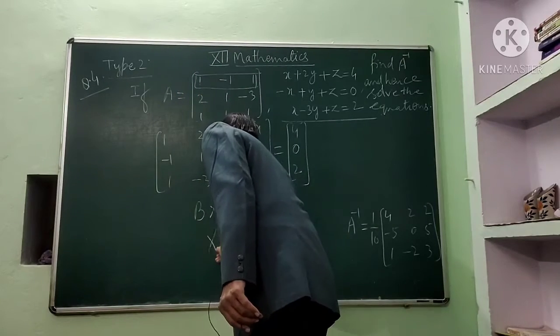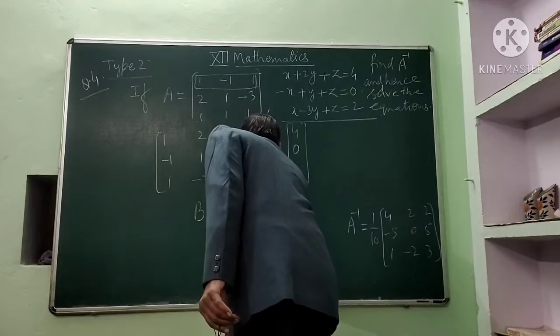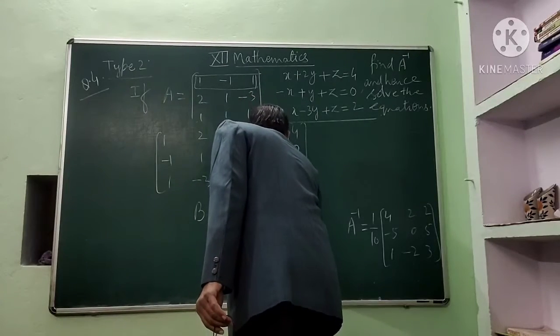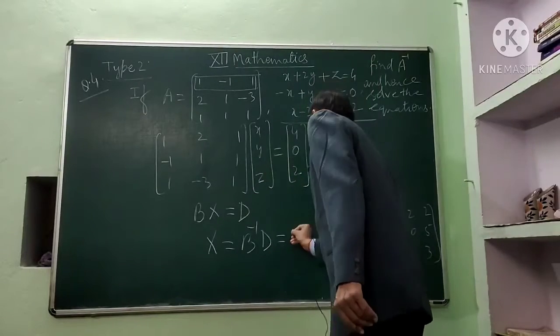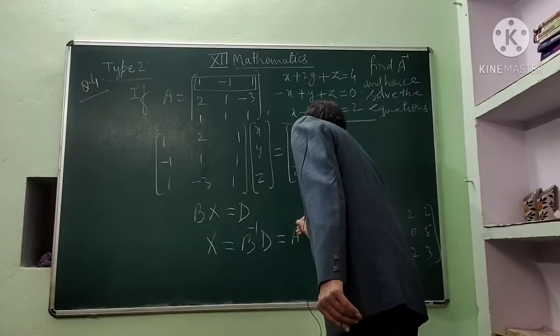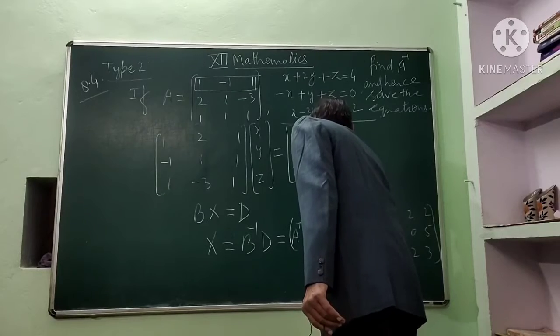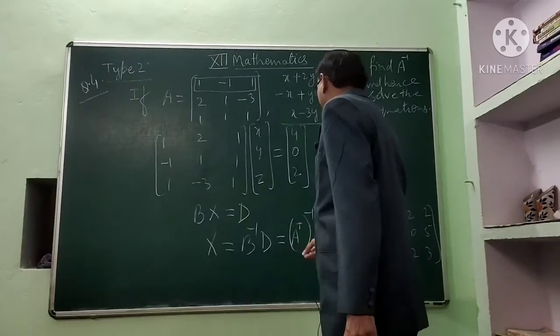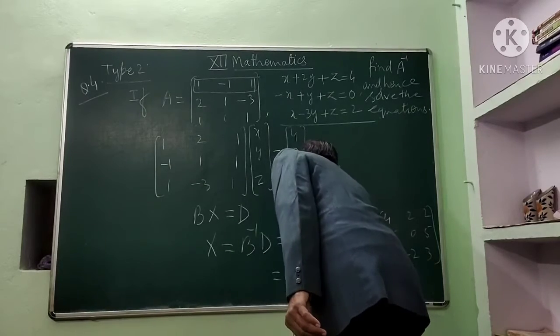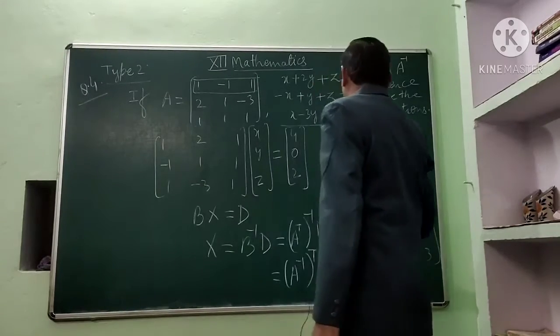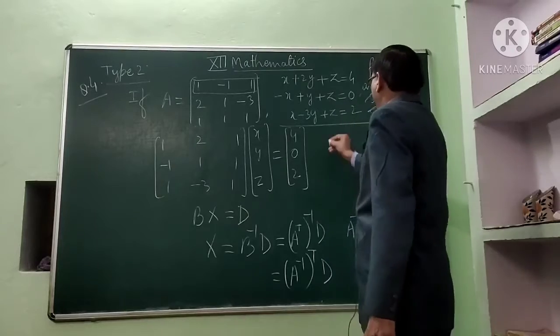So X equals B inverse D, and B is A transpose, so the inverse of A transpose times D is the transpose of A inverse times D. So we will take the transpose of the A inverse matrix.